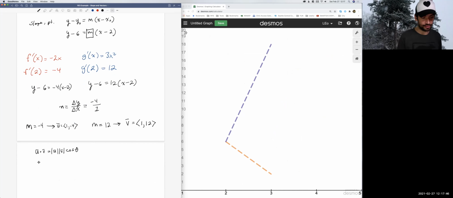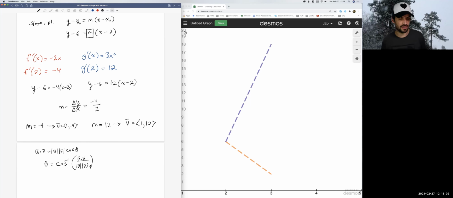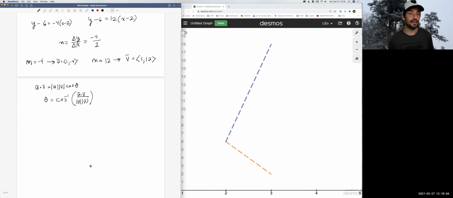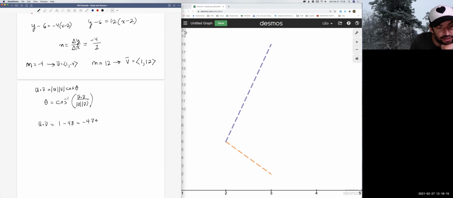And we can solve this to get that theta is equal to the inverse cosine of the dot product divided by the product of their magnitudes, right? And this should give us the angle. So in this case, the dot product, let's just figure this out quickly. 1 times 1 plus -4 times 12 gives me -47.